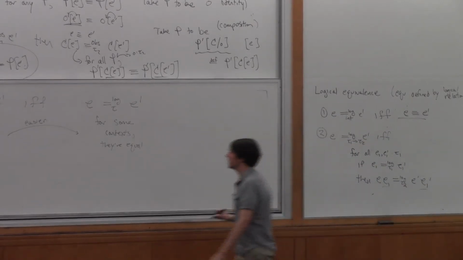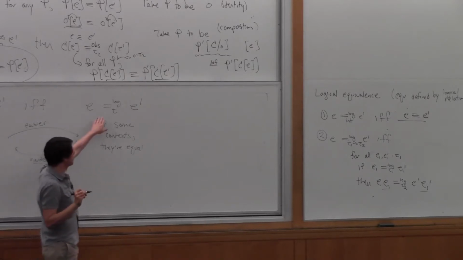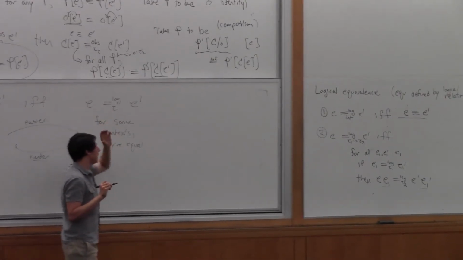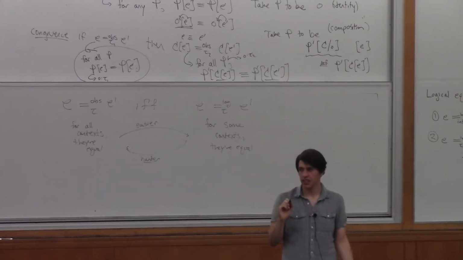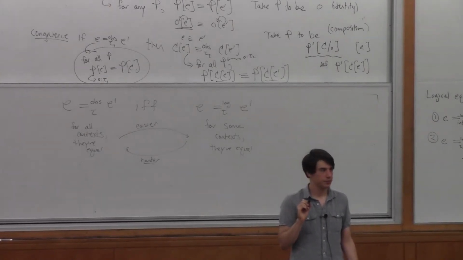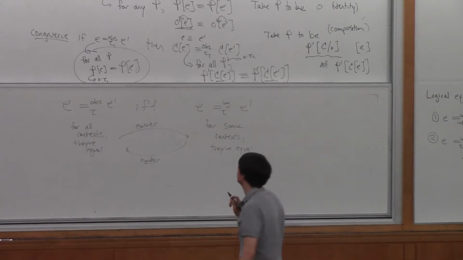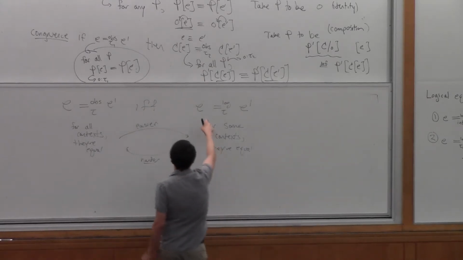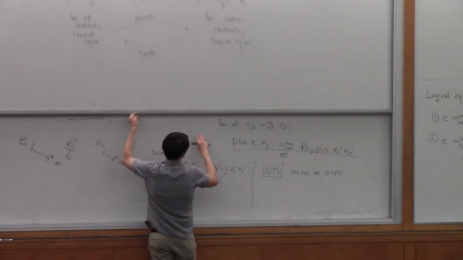So the thing I want to focus on is this direction, which is the harder one, which is to show that when two things are logically equivalent, they're in fact contextually equivalent. Good? All right, so what can we do to show that logically equivalent things are observationally equivalent?